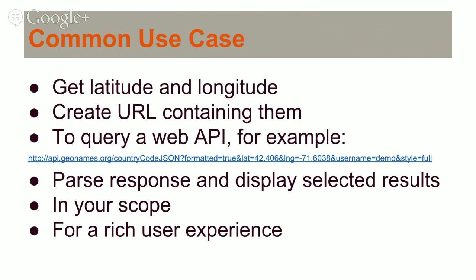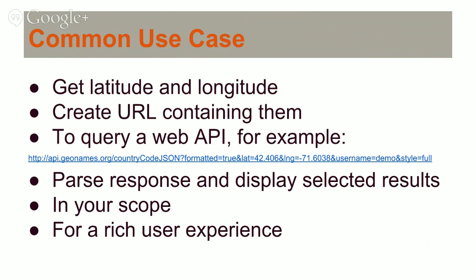It says username equals demo. This is from geonames.org. Sometimes this will give back an answer saying that demo accessed the API too many times today, try again later, or get a paid account or whatever. But this is just an example.